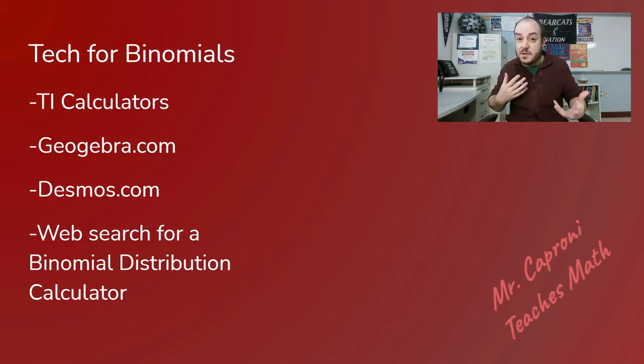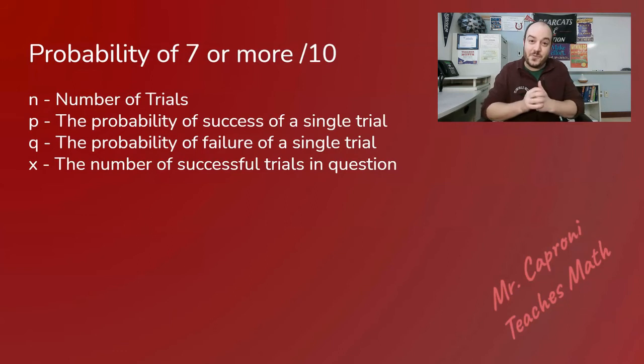Sometimes q, sometimes not, because a lot of times a calculator can figure out that 1 minus p will give it q, so you don't always have to fill that in. But a lot of times we will use technology to find this answer instead of actually plugging it in by hand.